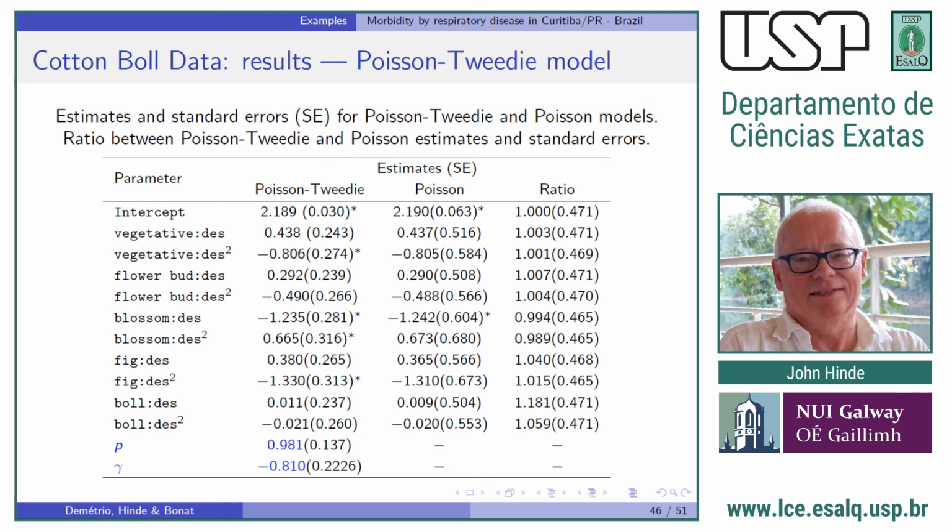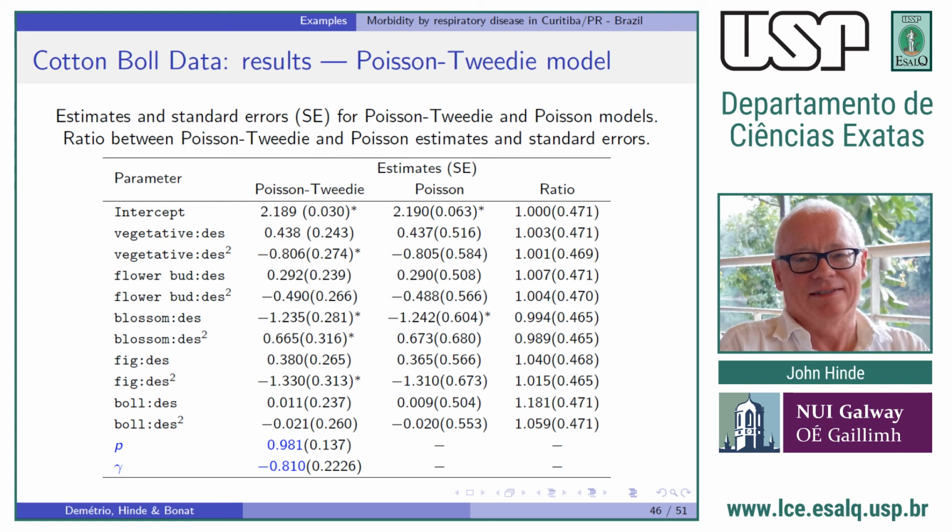What do we see about our model? Well, look, gamma is estimated as negative. That tells us we have under-dispersion, a negative additional term of under-dispersion. And our P is pretty much estimated at 1.